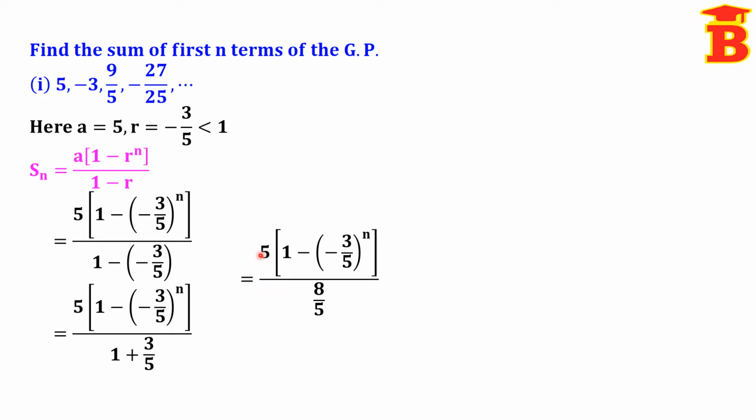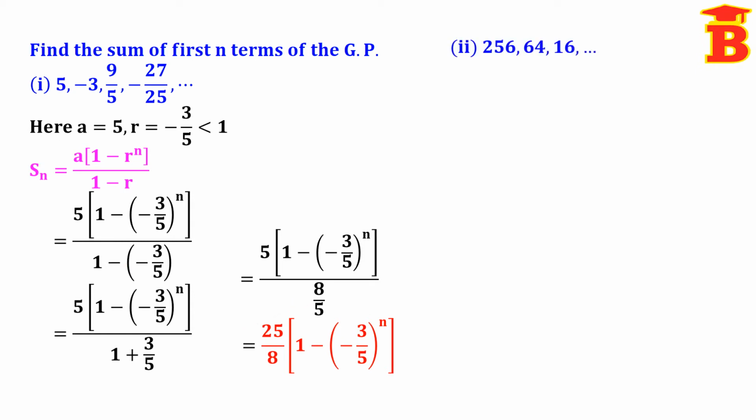Already in numerator we have 5. So 5 into 5, 25 by 8 into bracket 1 minus 3 by 5 whole power n. Here note that this numerator bracket remains same in all the steps till the last answer. So just simplify the denominator numbers only.